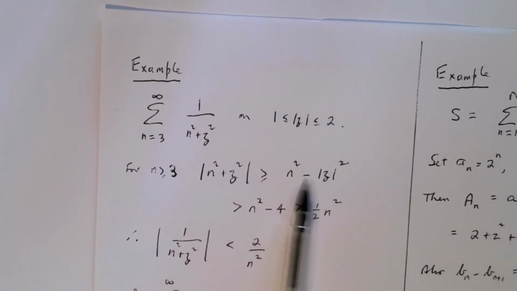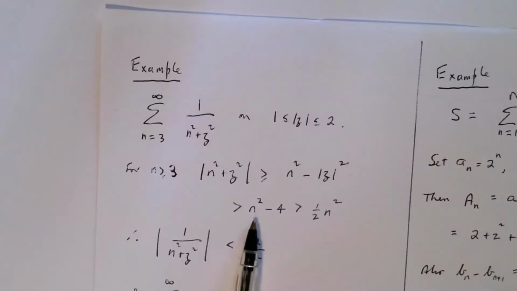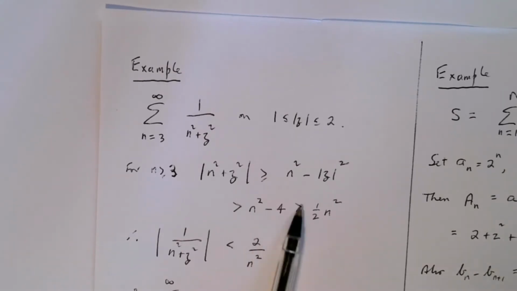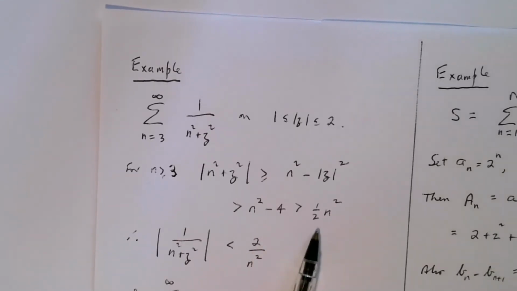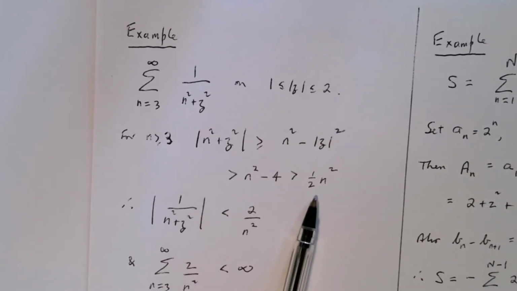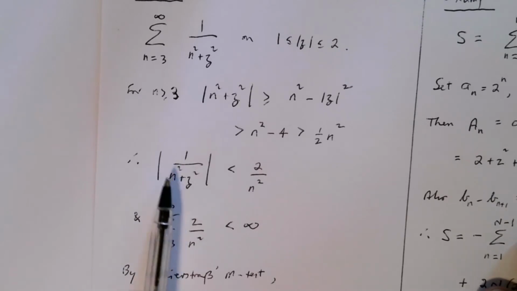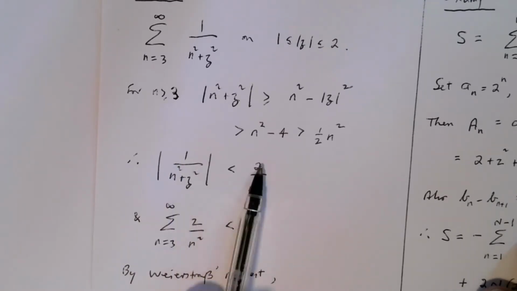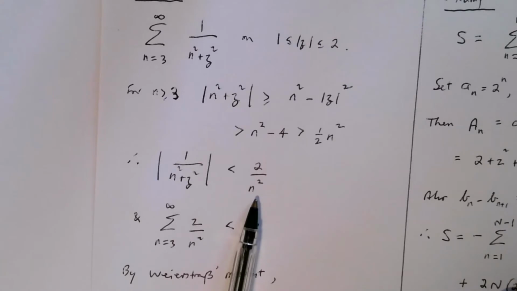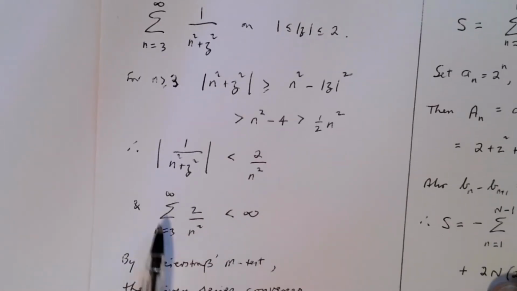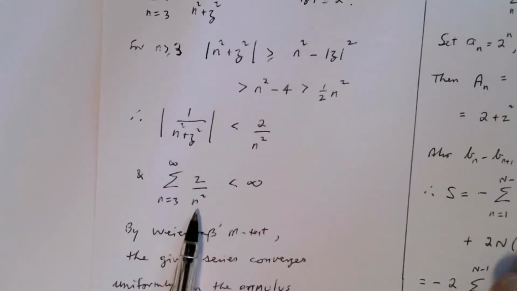So this is bigger than n squared minus 4, and this is positive because n is bigger or equal to 3, and this in turn is bigger than, say, a half n squared for n bigger or equal to 3. So flipping this upside down, the modulus of 1 over n squared plus z squared is going to be less than 2 over n squared. That's given me my M_n's, and if I take the infinite sum of these, this of course is finite.